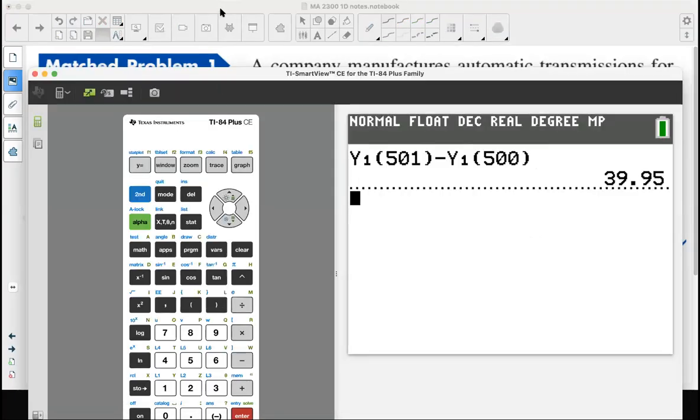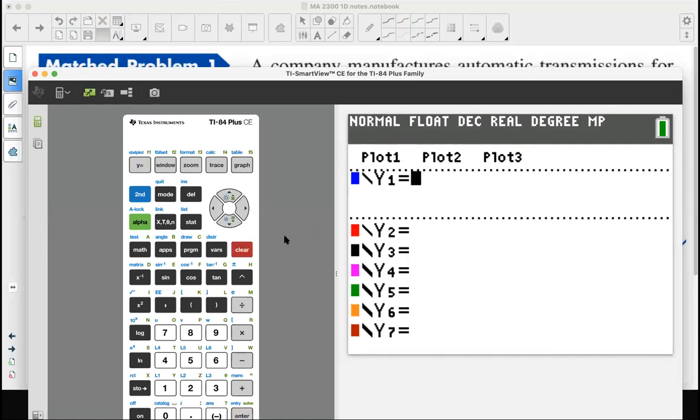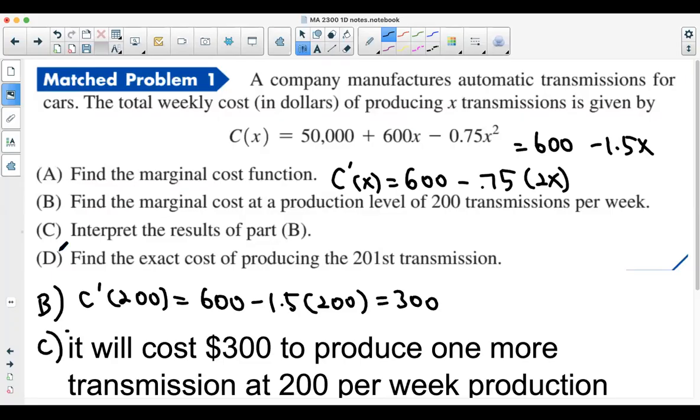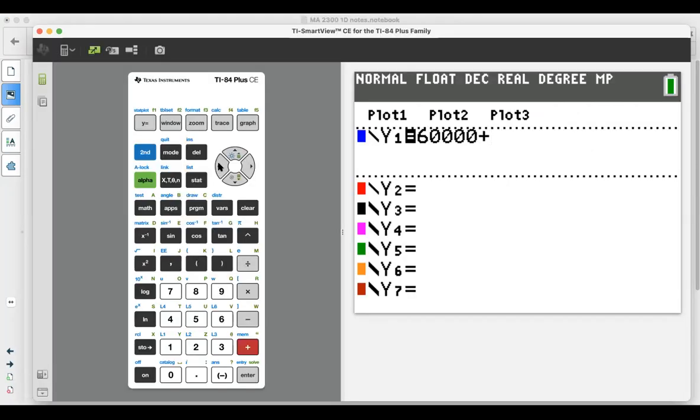Okay, so I'm going to go to y equals and clear that. I believe it was 60,000, and then plus, oh no, 50,000. I keep getting numbers mixed up. 50,000, and then plus 600x minus 0.75x squared.